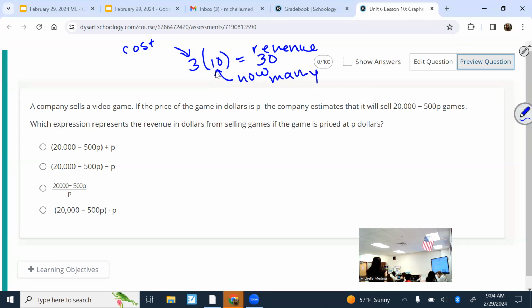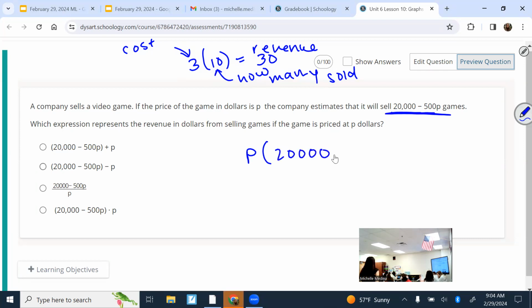So in this one, it is giving expressions for each. So it says that the price is P, that's going to be my cost. I'm going to multiply it by how many I'm selling, and it's giving an expression that they're using to estimate how many sold.